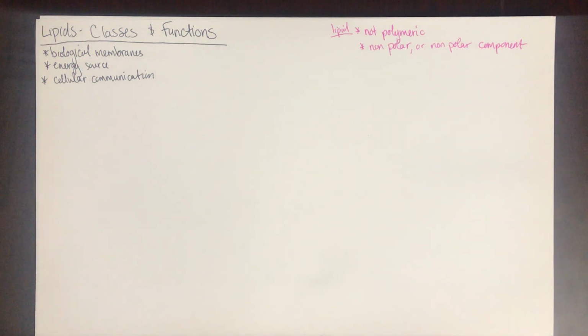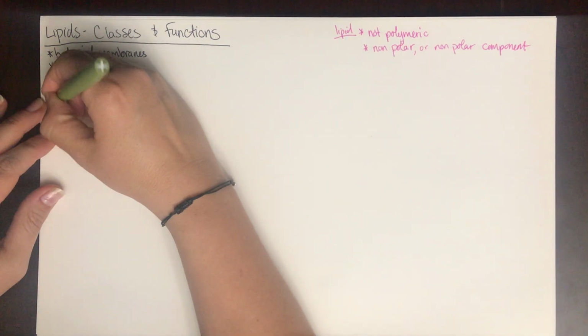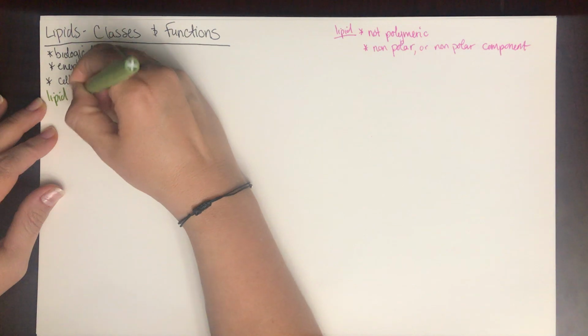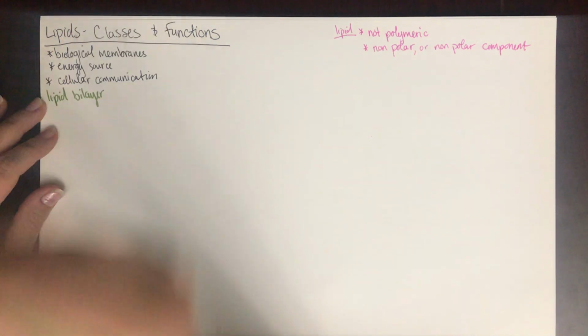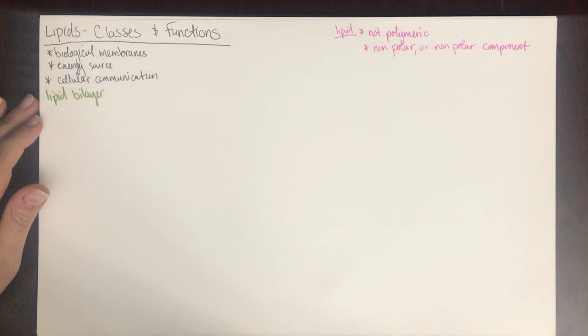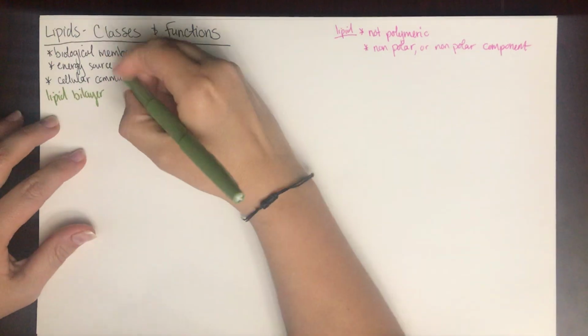So lipids are involved in forming what's called a lipid bilayer. So lipid bilayers are what make up biological membranes. And it's called a bilayer because it's made up of 2 layers.